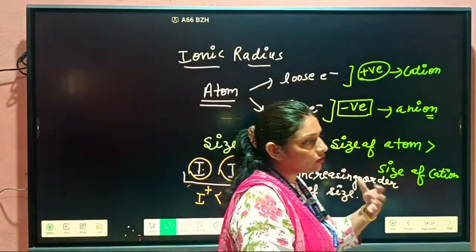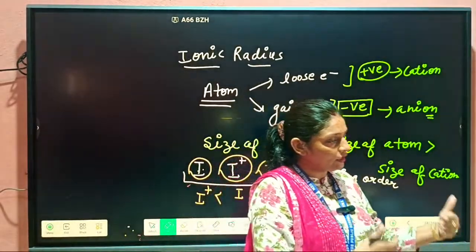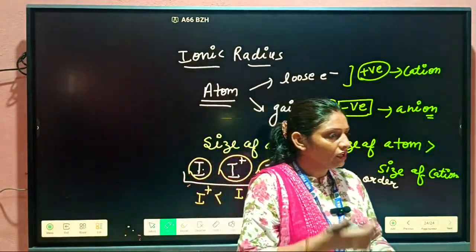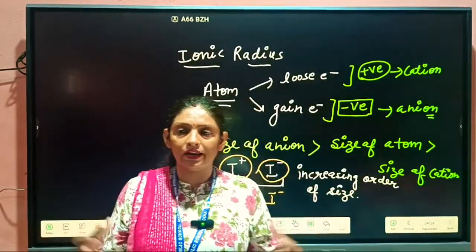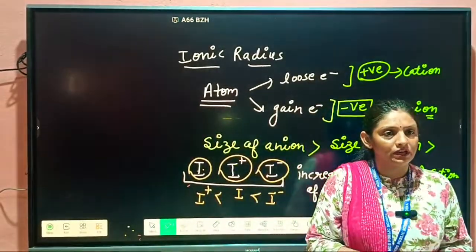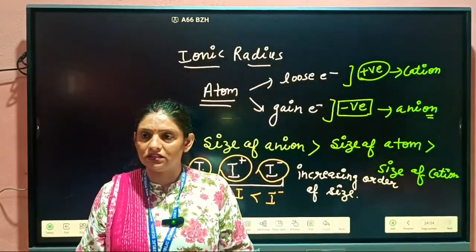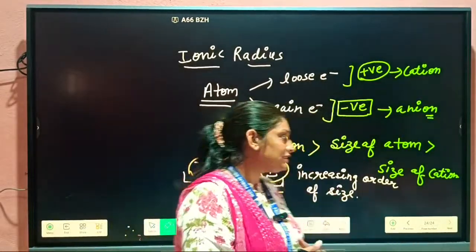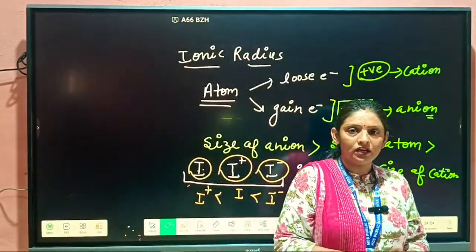So the number of electrons increases, but protons are the same, so the number of protons decreases as compared to the electrons. It is not easy to attract the electrons towards itself tightly. They are loosely bound, so the size increases.